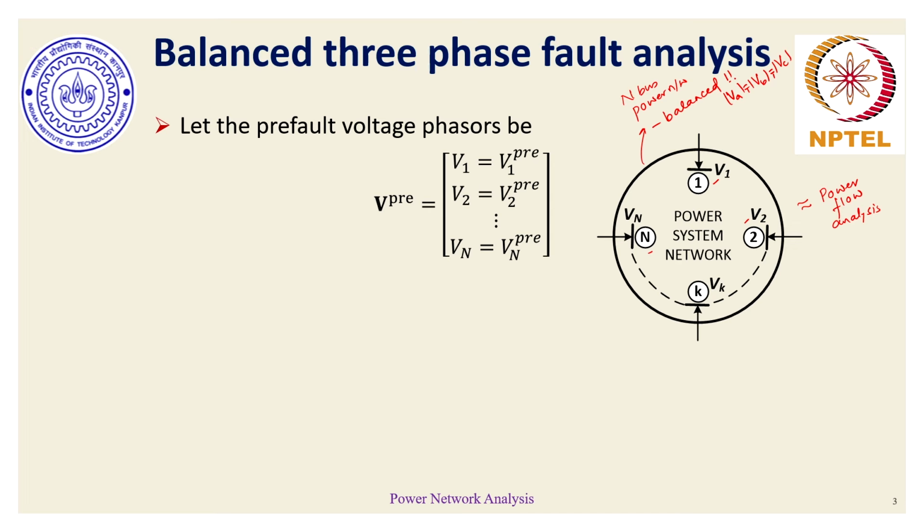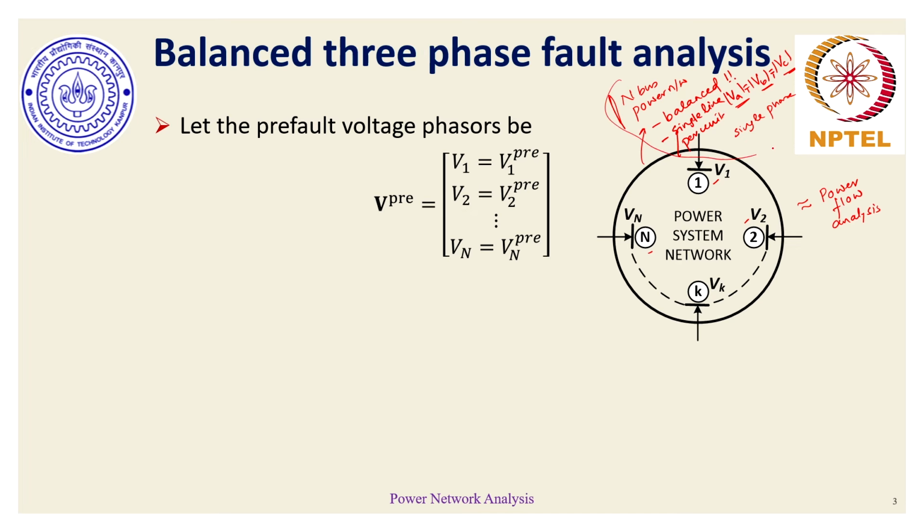The important part is that this n-bus network is operating in a balanced condition, and hence the single line or per unit based representation is applicable, where instead of representing the three phases separately, a single phase representation on per unit basis is good enough to represent the actual three-phase balanced network.